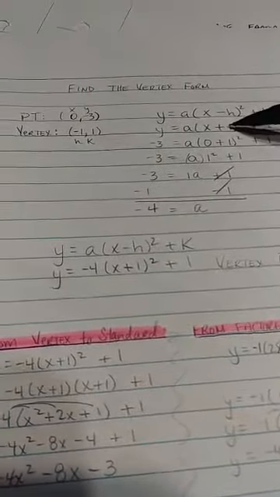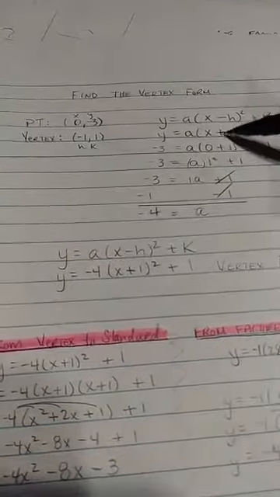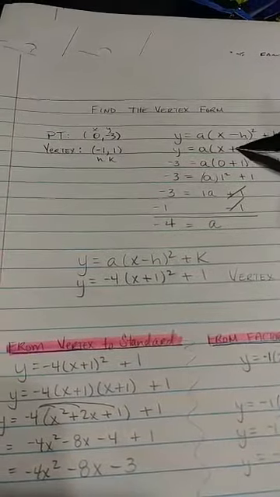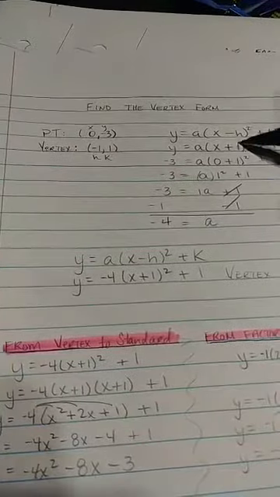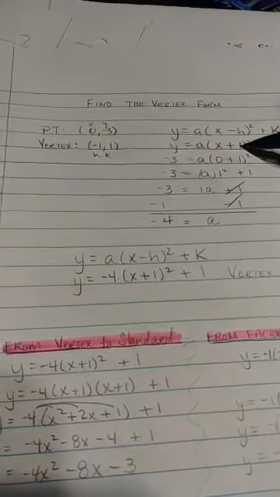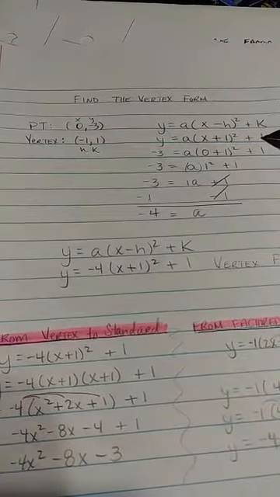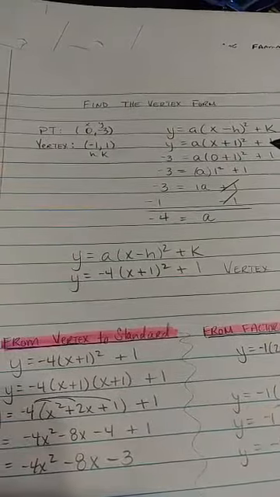So I have minus h here, and that becomes what? Plus h. No, it doesn't become plus h. It becomes plus 1. And then after that, I put plus 1 here. That's my k. Now what do I have to plug in? x and y.